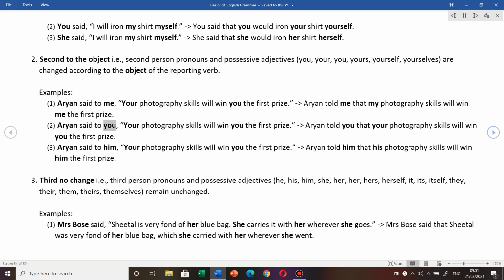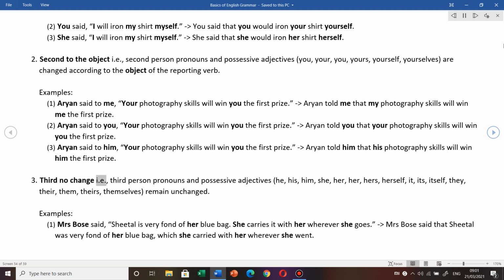Ayan said to you, "Your photography skills will win you the first prize." Ayan told you that your photography skills will win you the first prize. Ayan said to him, "Your photography skills will win you the first prize." Ayan told him that his photography skills will win him the first prize.